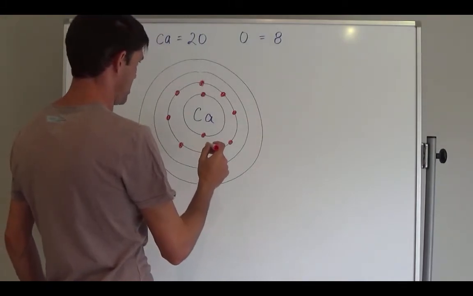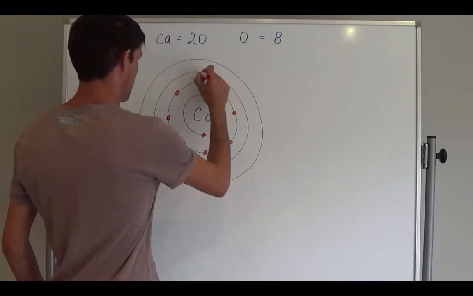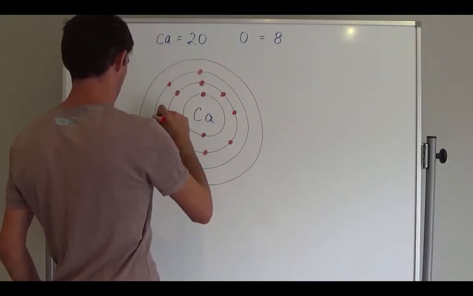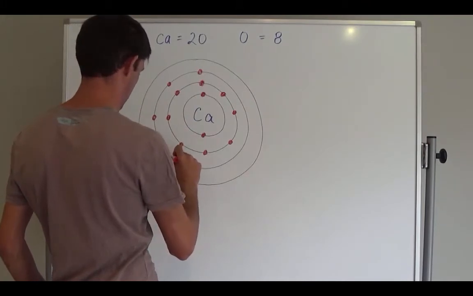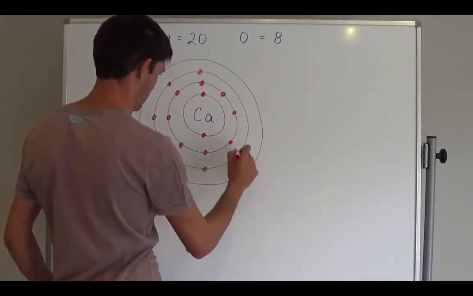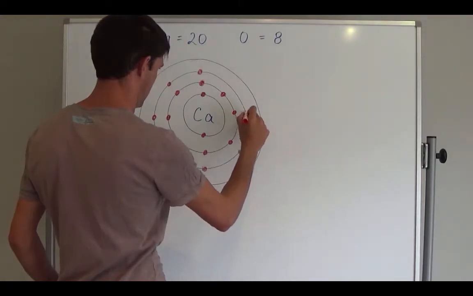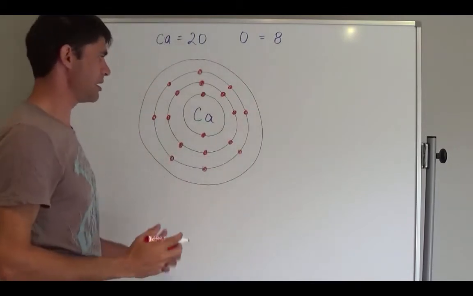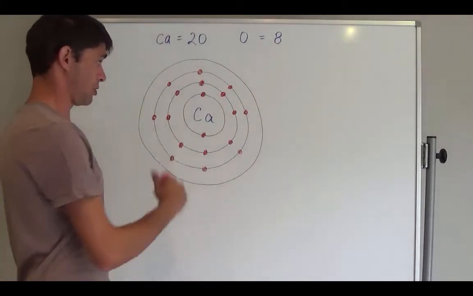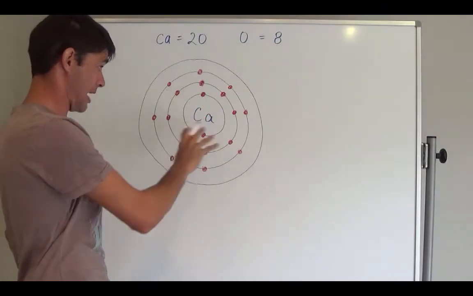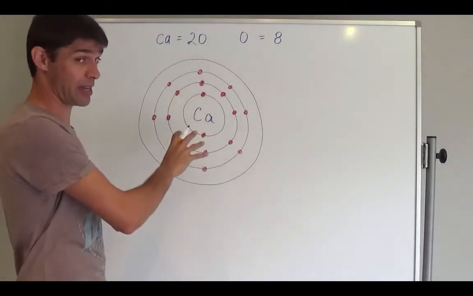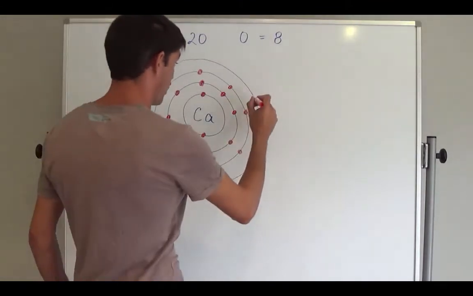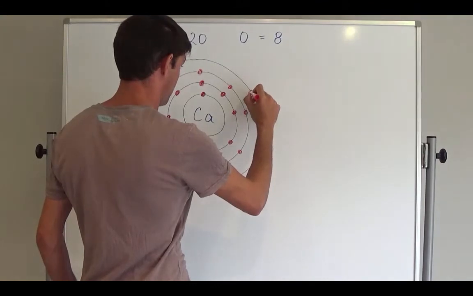And finally in the next shell, another 8 there. And so far now we're up to 18. 2 in the first shell, 8 in the next one gives us 10. Another 8 gives us 18. So looking at that last shell, we've got 2 in that outside shell.